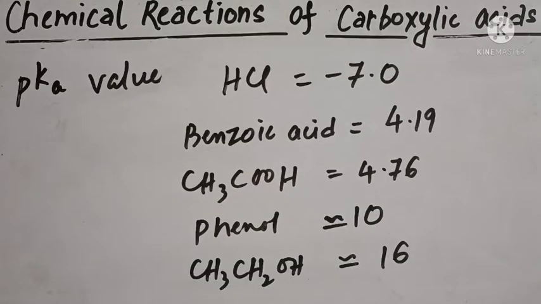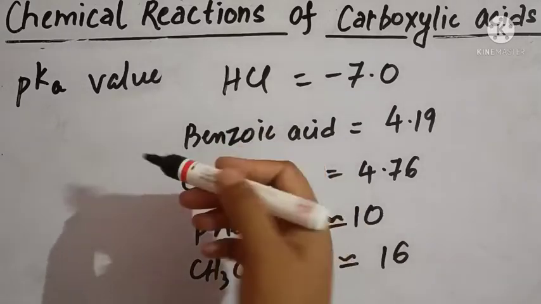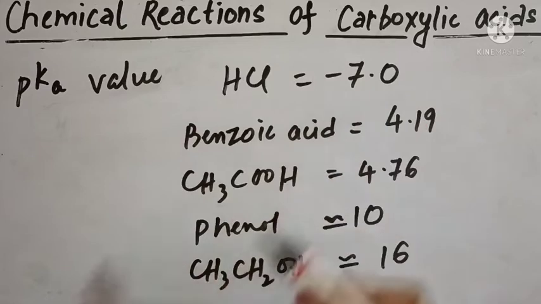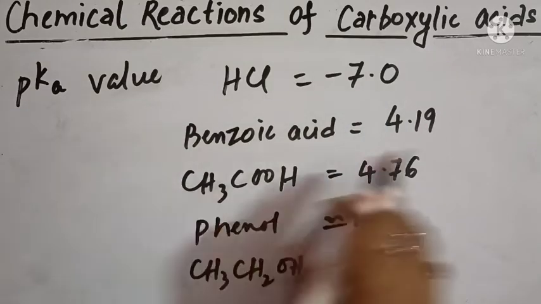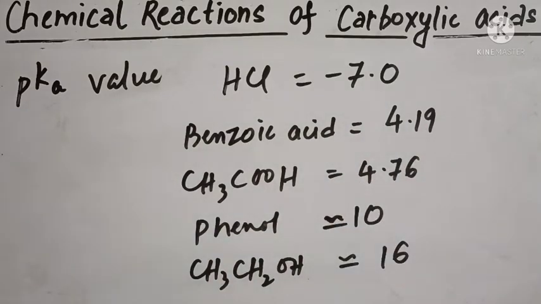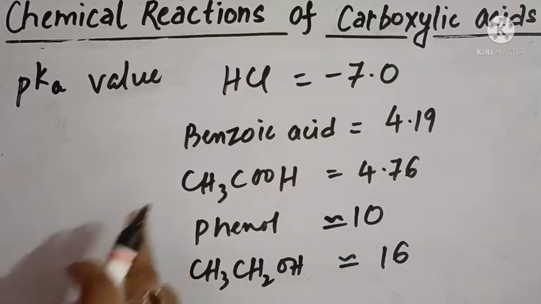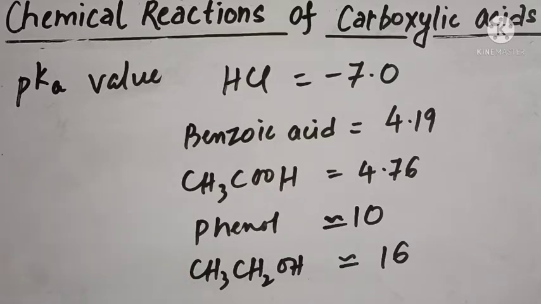If we see the pKa value of different compounds, for a strong acid HCl its pKa value is -7, for benzoic acid it is around 4.19 or 4.20, for acetic acid it is 4.76, for phenol it is around 10, and for ethanol it is 16.